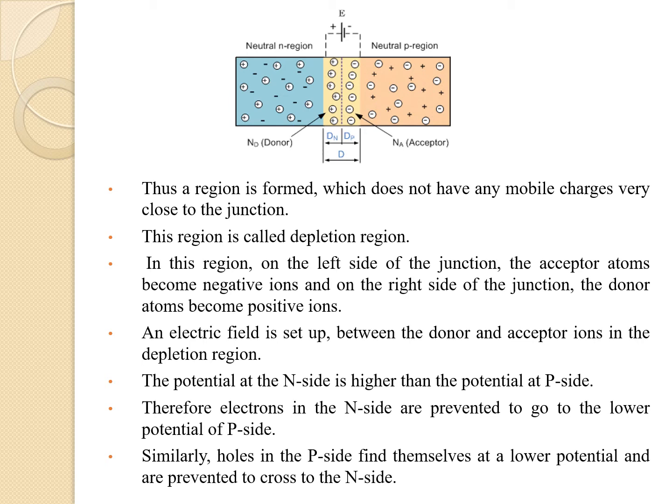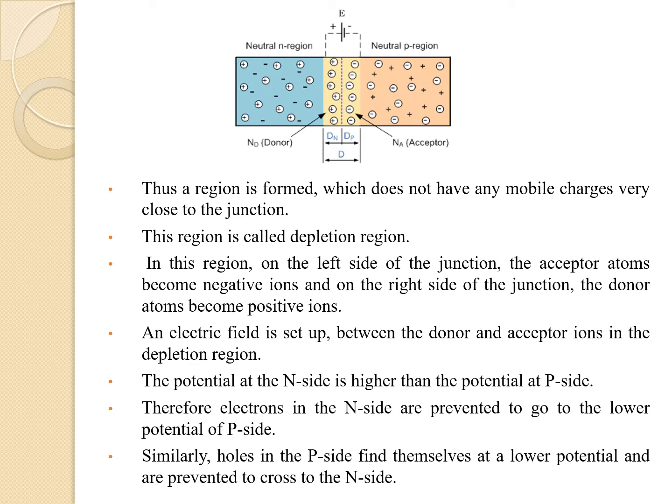The accumulated negative charge on the p side tends to repel electrons crossing from the n side, and the accumulated positive charge on the n side tends to repel holes crossing from the p side. Thus, it becomes difficult for more charge carriers to diffuse across the junction. The final result is that a barrier potential is created across the junction, negative on the p side and positive on the n side, as shown in the figure.